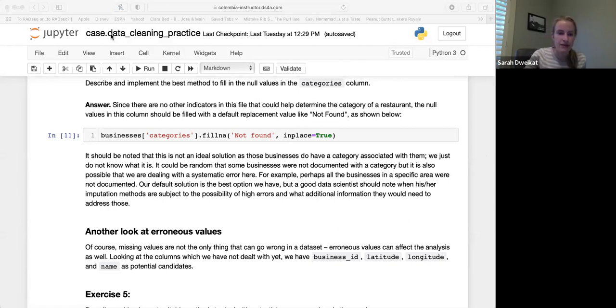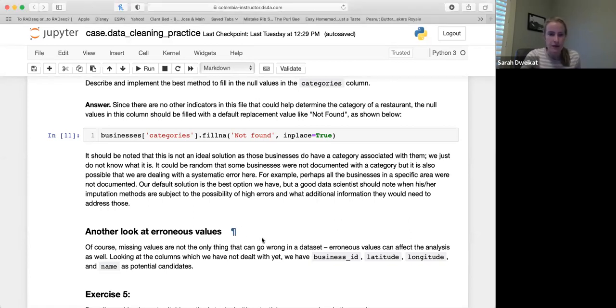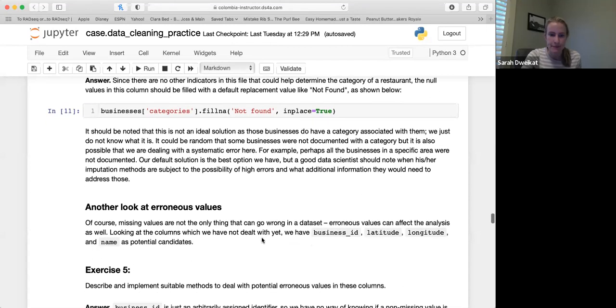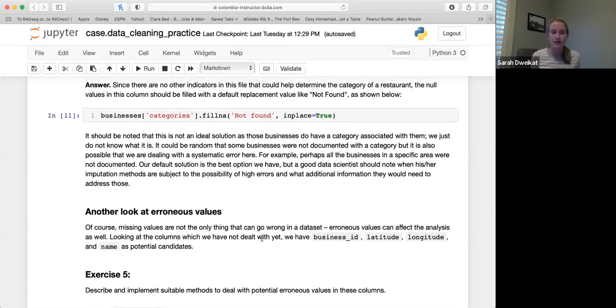Okay, so let's go to exercise 5. For exercise 5, we are looking at our erroneous values in businesses. Remember, we talked about dealing with erroneous values in reviews, meaning there are incorrect values in our data.